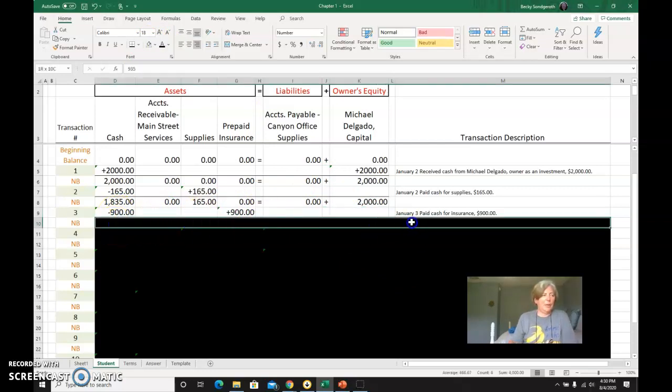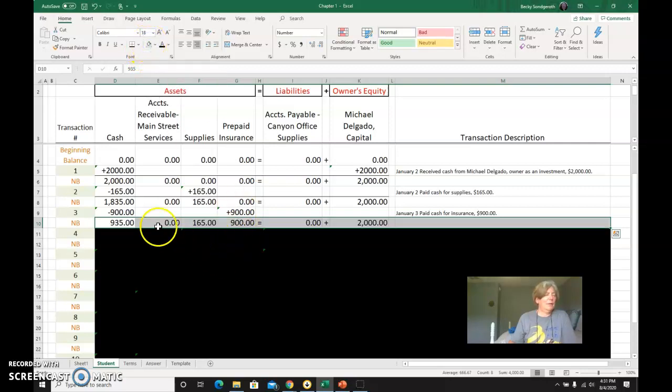I'm going to compute my new balance again. When I do that, I'm at $935 for cash, 0 for accounts receivable, $165 for supplies, $900 for prepaid insurance, 0 for accounts payable, $2,000 for capital, Michael Delgado, Capital. I want to make sure it equals again.